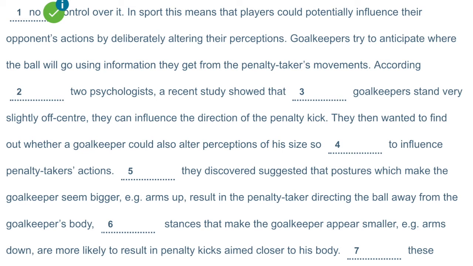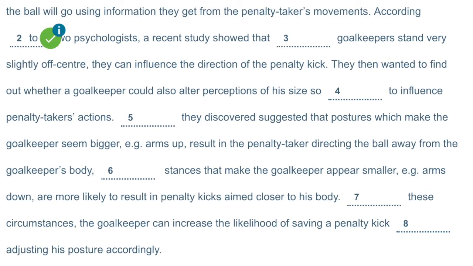Goalkeepers try to anticipate where the ball will go, using information they get from the penalty taker's movements. According to 2 psychologists, a recent study showed that if goalkeepers stand very slightly off center, they can influence the direction of the penalty kick.